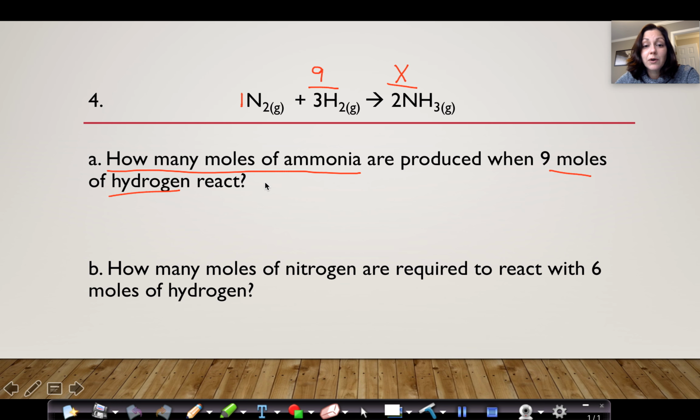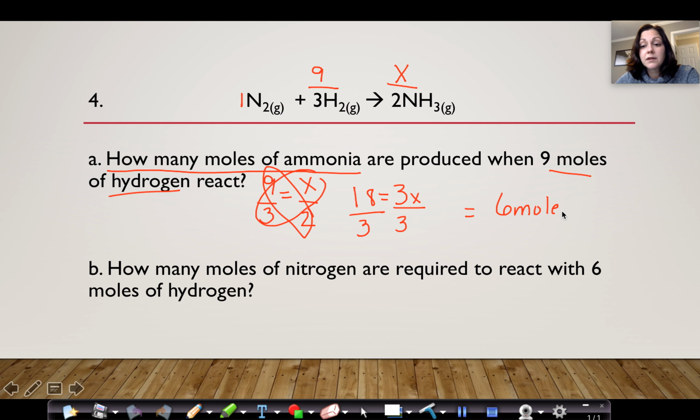That gives us the proportion we're going to set up. So 9 over 3 equals X over 2. We cross multiply and get 9 times 2 equals 3X, which is 18. When we divide both sides by 3, our answer comes out to 6 moles, which makes sense because 3 to 2 is the same ratio as 9 to 6.